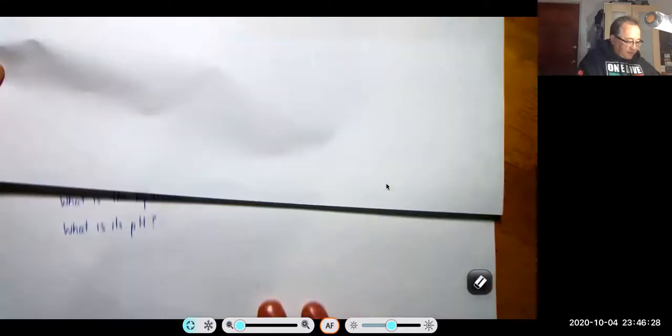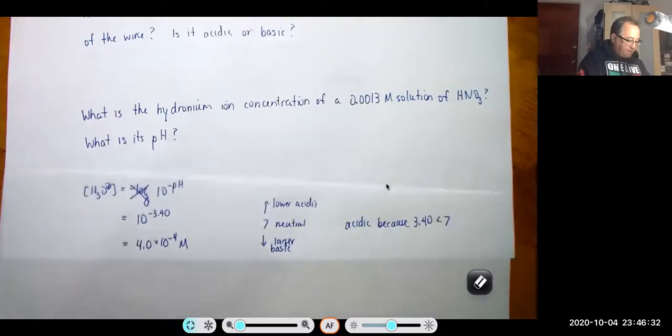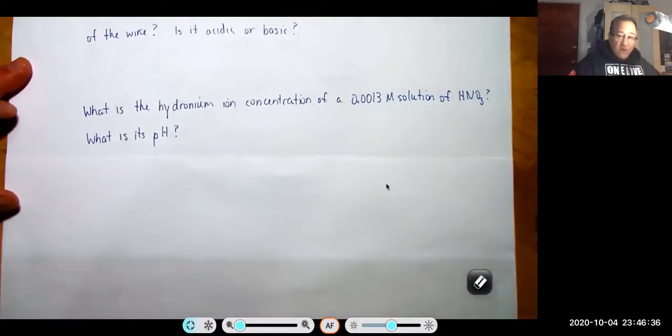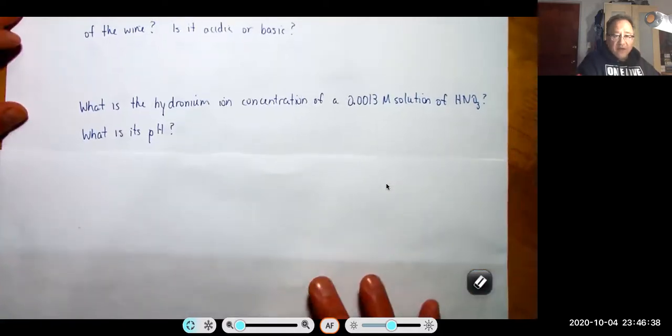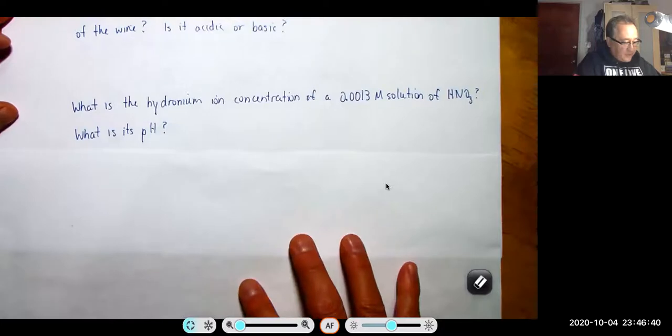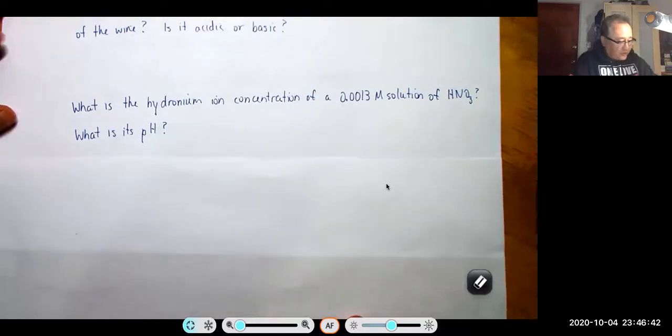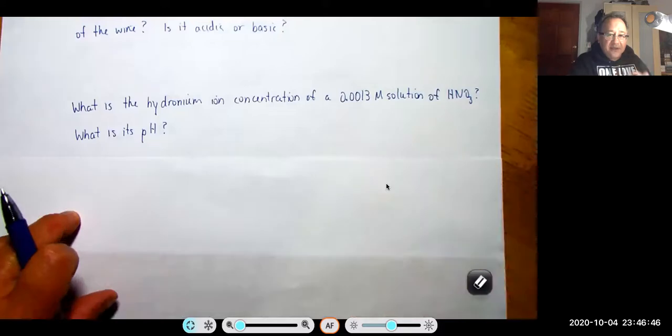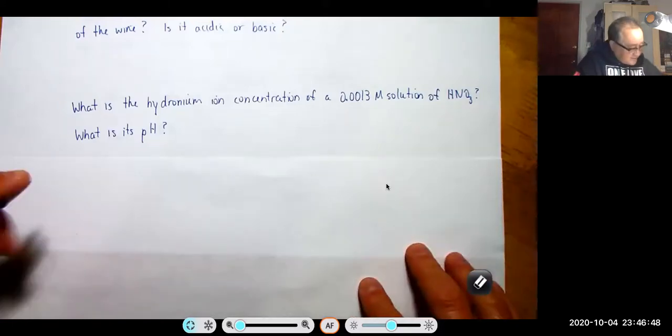Now let's take a look at this next problem, and I'm going to flip this around like this. What is the hydronium ion concentration of a 0.0013 molar solution of nitric acid? And remember, we can do this because it's a strong acid.